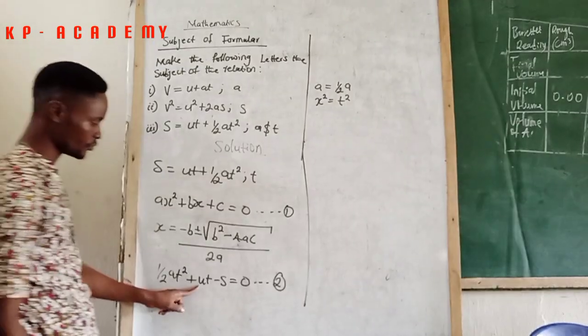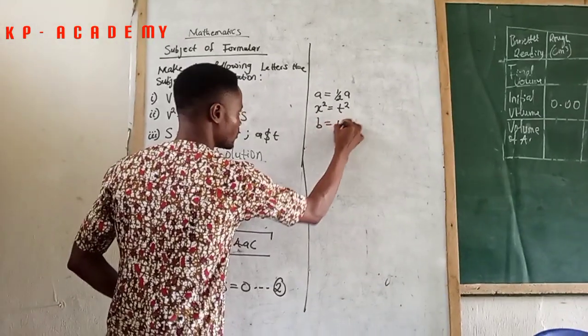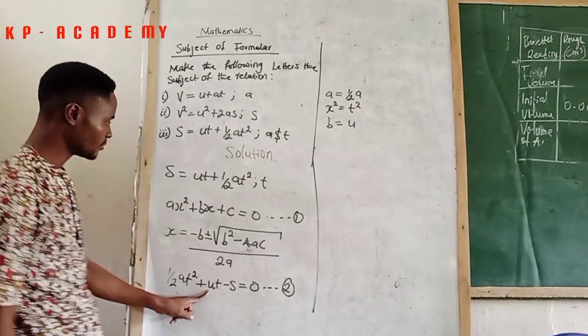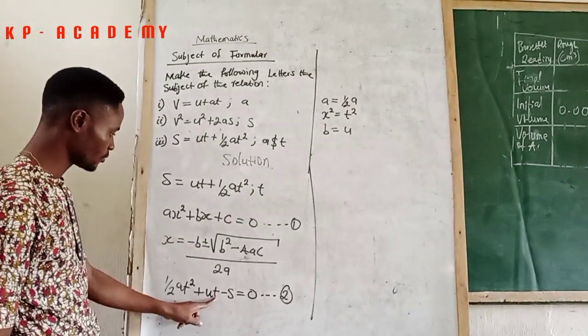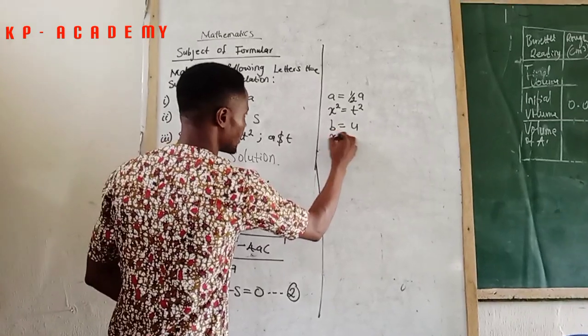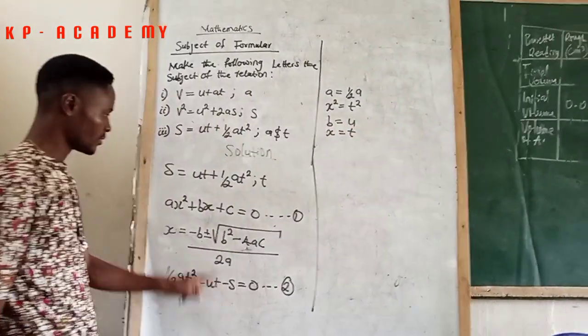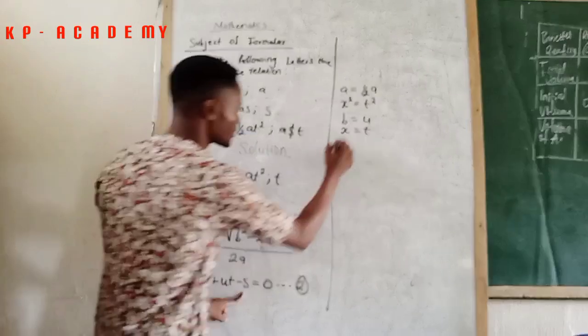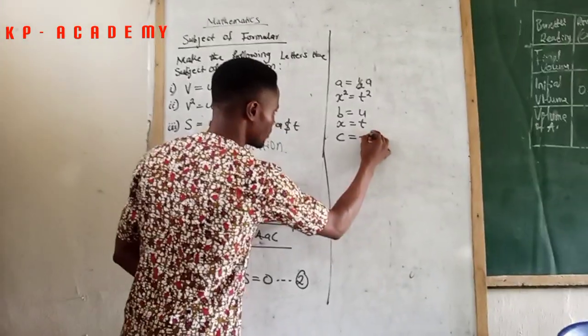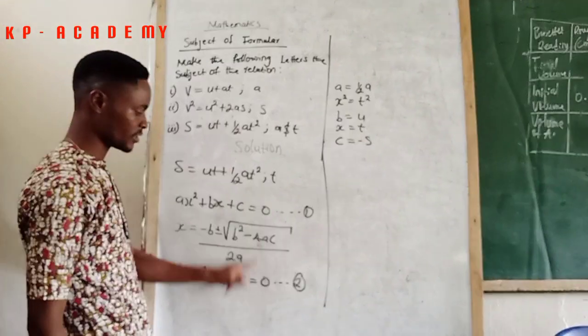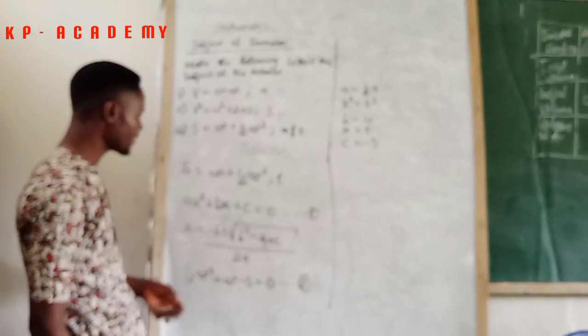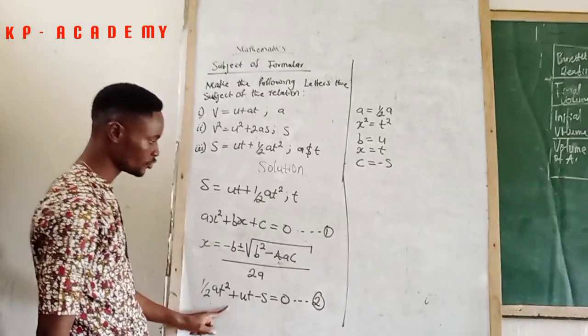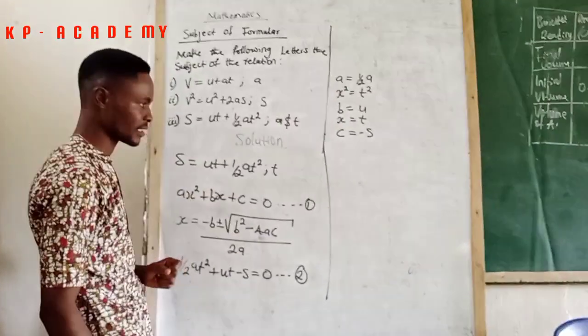B is equal to u. Then x is equal to t. C is equal to minus s. Of course, 0 is equal to 0. So, comparing equation 1 and equation 2, I'm going to have these parameters.